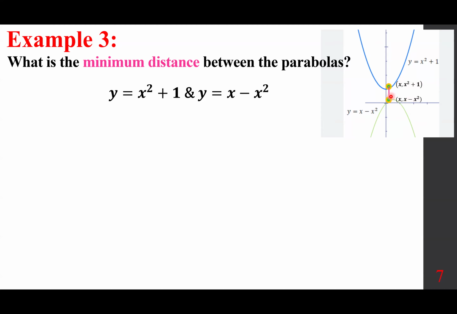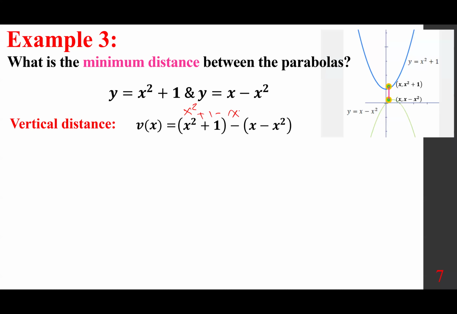So that's the distance. We call it a vertical distance V: x squared plus 1 minus parentheses x minus x squared, which is x squared plus 1 minus x plus x squared. We have 2x squared minus x plus 1.